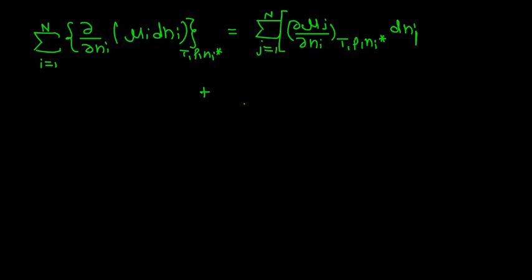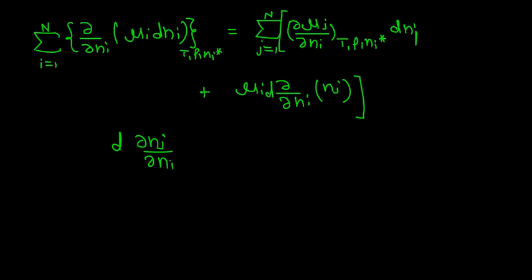Now I do a differential on the second term, keeping mu I as constant. I get d of del by del ni of nj. This quantity is interesting. I have d of del nj by del ni.